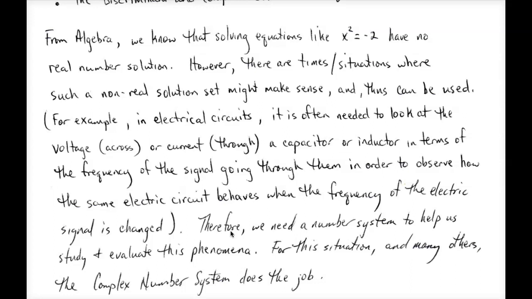The main thing I want to get across is that there are applications for using complex numbers. Our job here is not to talk about that, but to get a good understanding of how to work with complex numbers, so that when you're in courses or situations where you actually have to use complex numbers, you can navigate them okay.